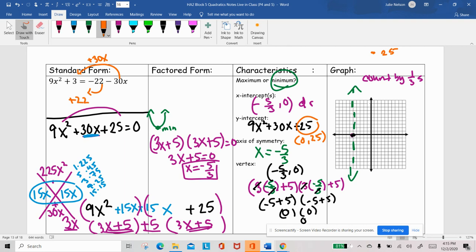Remember, it's not really 5, it's like 5/3 going to the right and up 25. So if I go 5 to the left, 1, 2, 3, 4, 5, and then go up 25, this is like -10, 25, but again, because we're counting by thirds, it's -10/3, 25. And then when I connect my parabola, it looks something like this.